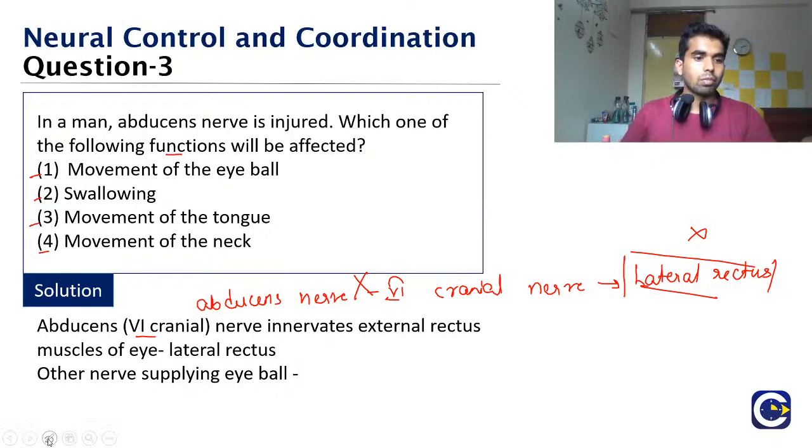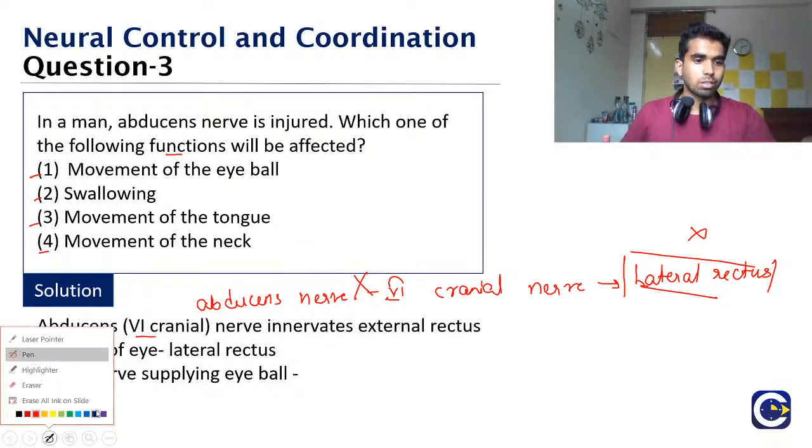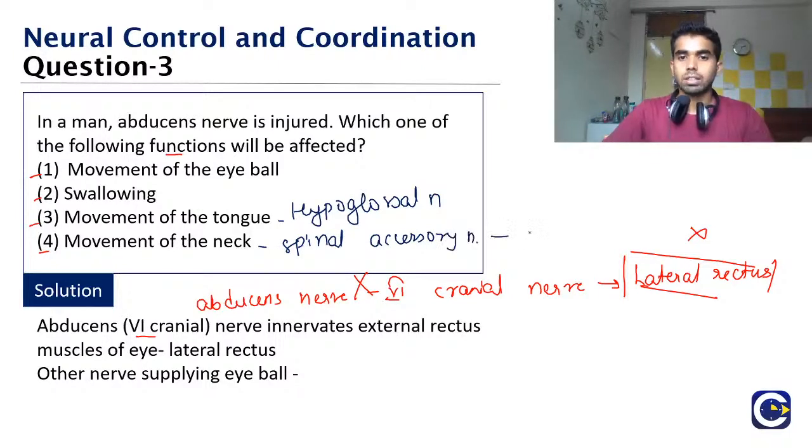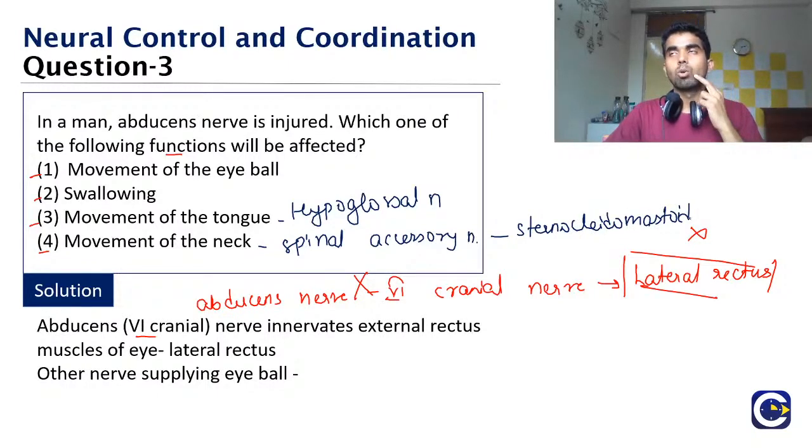All right. And if I talk about the other options, the movement of the tongue is controlled by the hypoglossal nerve. And the movement of the neck you can write as the spinal accessory nerve, because the sternocleidomastoid is the muscle that controls the movement of the neck.